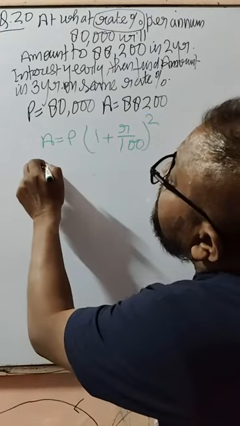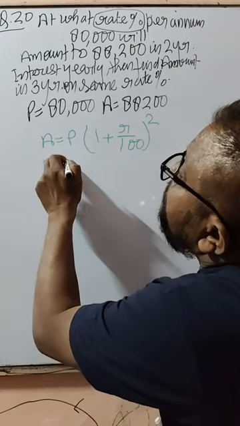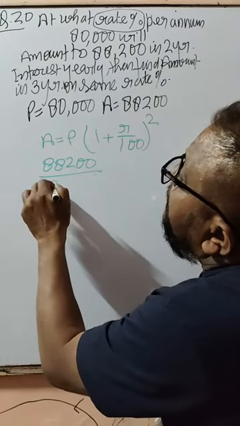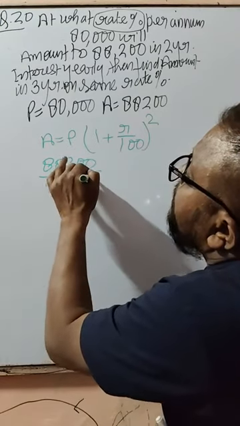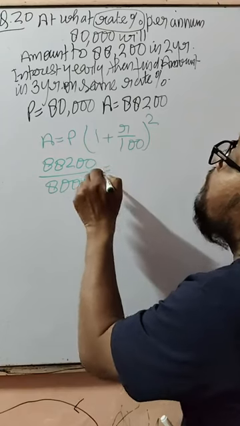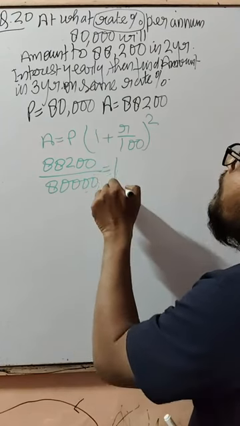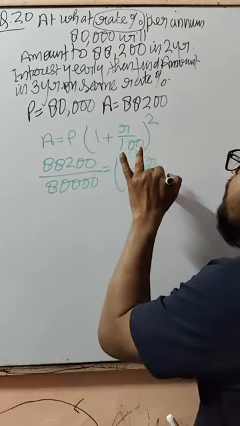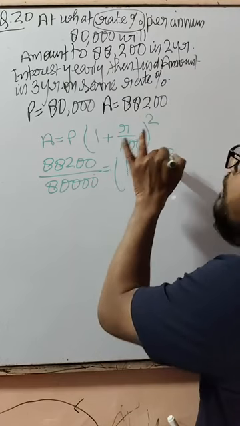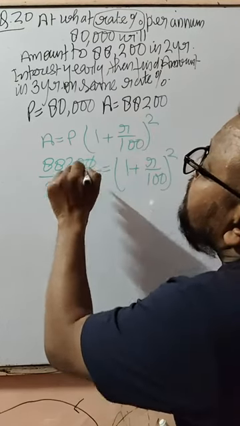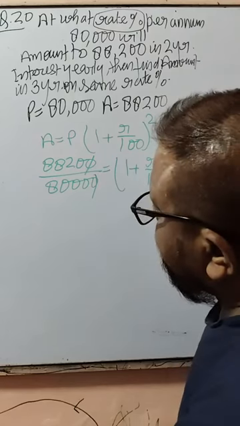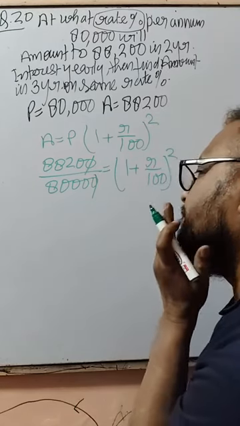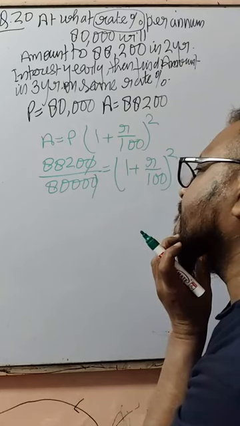So it is 88,200 upon 80,000 is equal to 1 plus R upon 100 whole square.